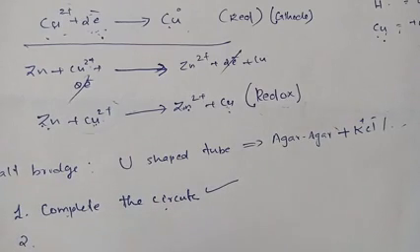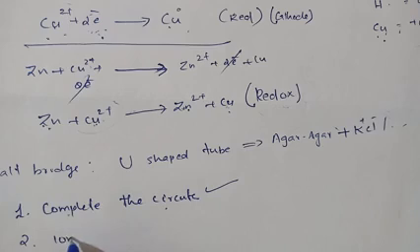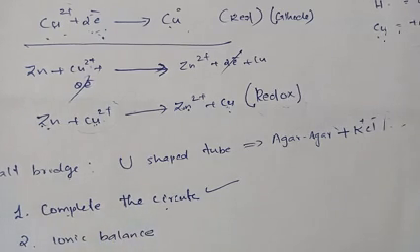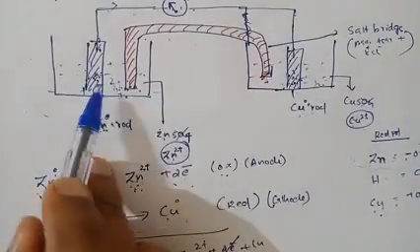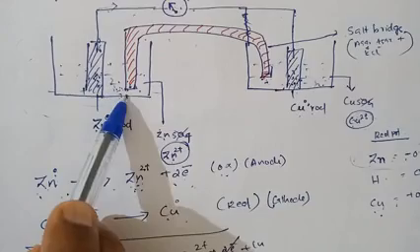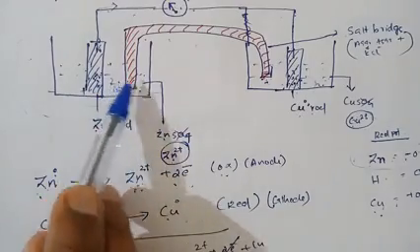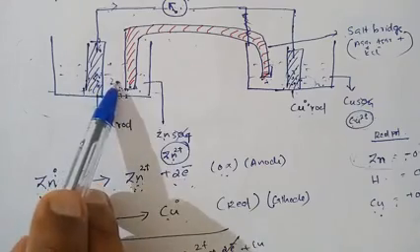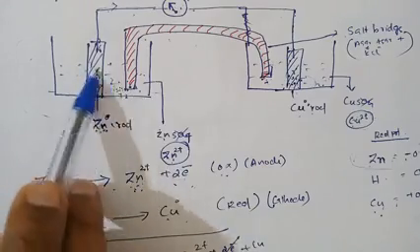And what is the second one? The second one is ionic balance. Here zinc is converting into Zn2+, so the concentration of Zn2+ is increasing during the reaction because all the zinc is converting into Zn2+.